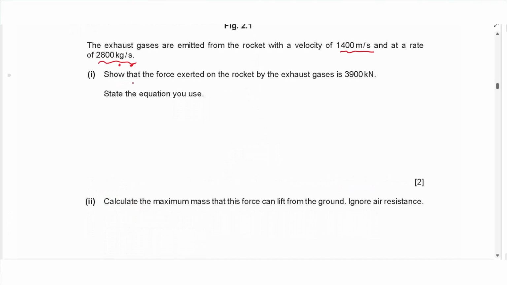Part I says show that the force exerted on the rocket by the exhaust gases is 3,900 kilonewtons and state the equation. So the equation is that the force is equal to the change in momentum over time, or the mass times the change in velocity over time. So we substitute by the numbers here. The mass is 2,800.